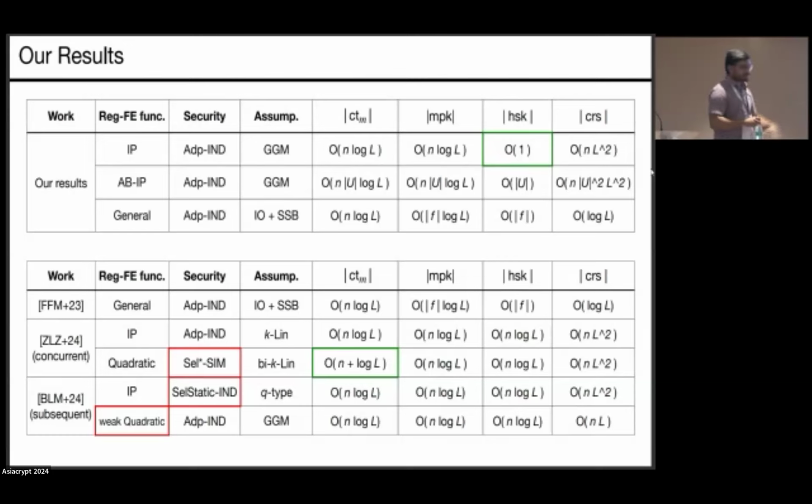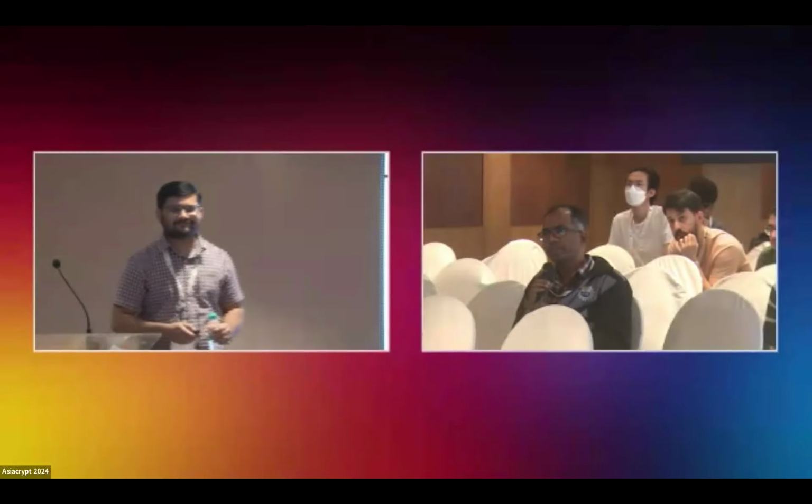So therefore, we kept it GGM, to see whether we can achieve some constant size elements in this system. Of course, a Q-type assumption is possible because I think Branco et al.'s registered FE for IP is under a Q-type assumption, but they achieved only selective security under static one. Thanks for that.